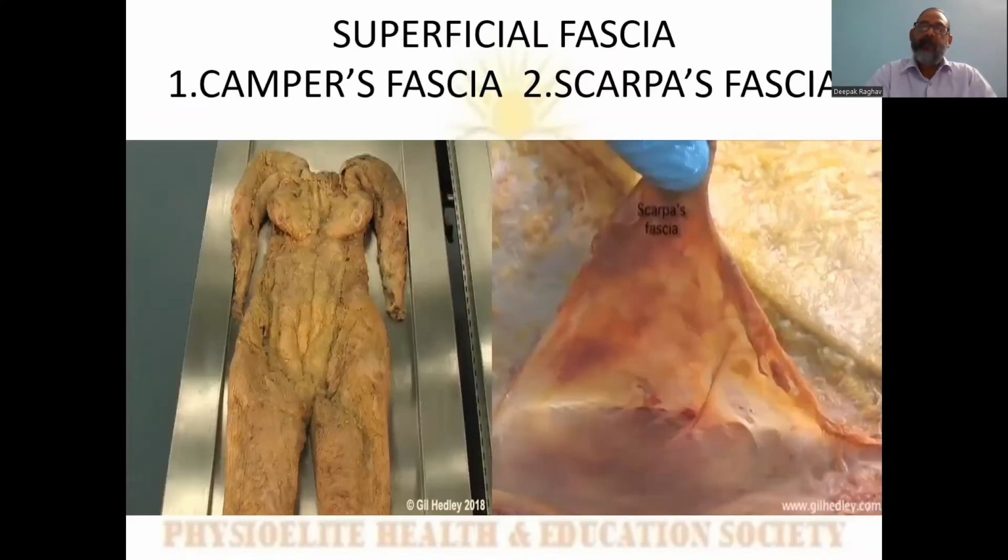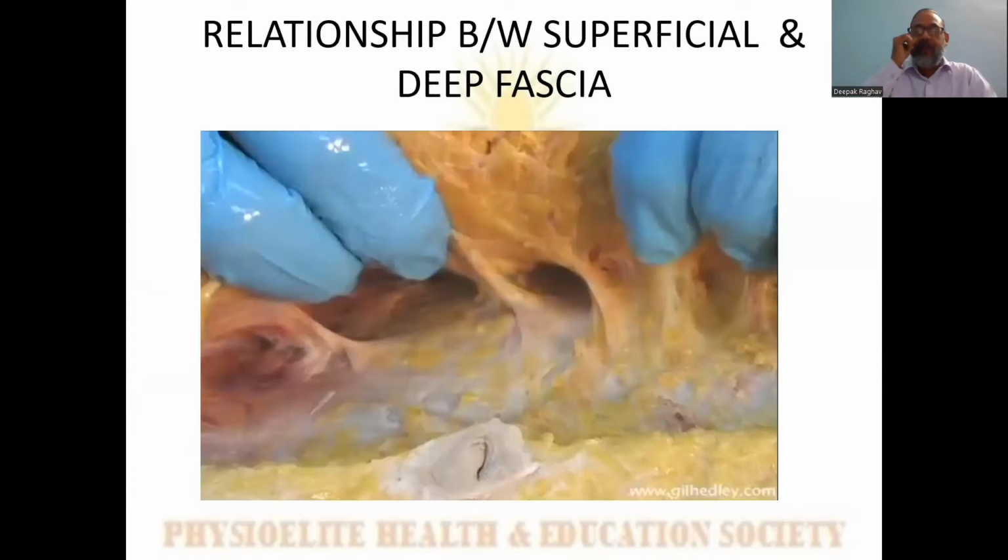Previously it was only called superficial fascia, but after research we know that it has two parts: Camper's fascia and Scarpa's fascia. Scarpa's fascia is a thin layer. Then, the relationship between superficial fascia and deep fascia: the superficial fascia is adhered to the deep fascia.